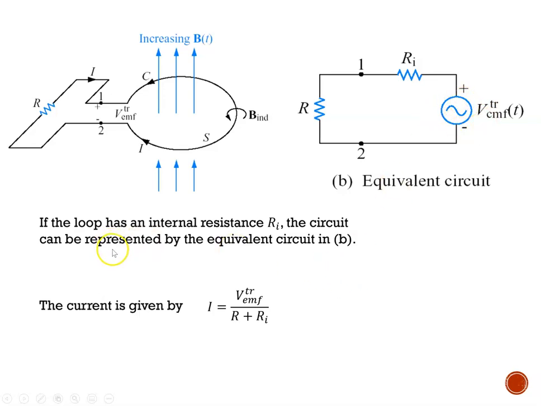Now the circuit can be represented by the equivalent circuit in B, which is this one. So the current would be equal to the transformer EMF over R plus Ri, so the addition of both resistances.